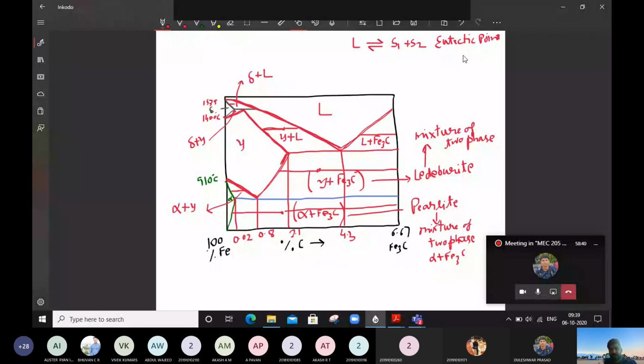So what is the eutectic point? The point at which one liquid is going to give two solid phases, this is solid 1, this is solid 2, then that point is known as the eutectic point.